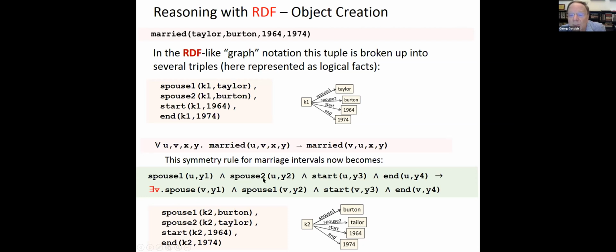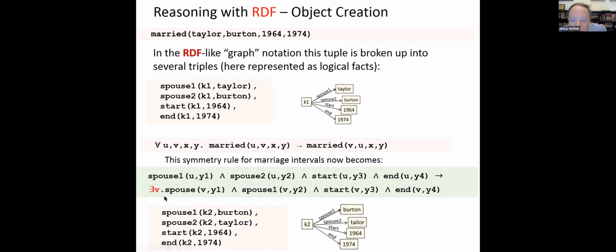Spouse 1 U Y1, spouse 2 U Y2, start U Y3, and U Y4 implies there exists a new key that encodes in a certain sense a new relationship about more than two objects, such that spouse V Y1, sorry, that should now be Y2, and this should be Y1.